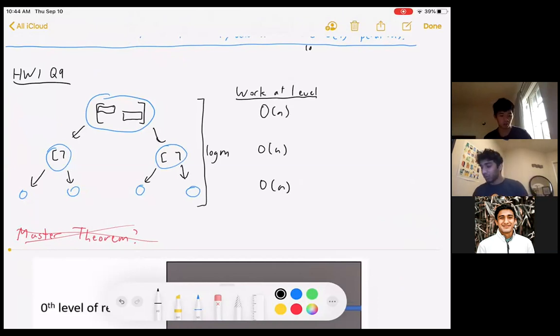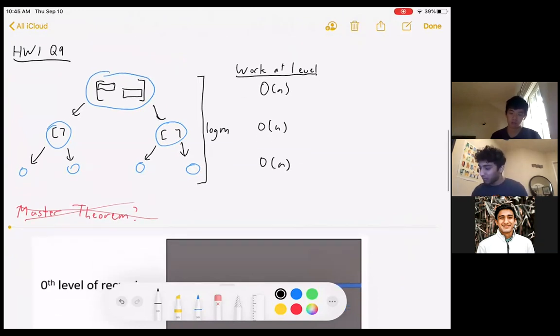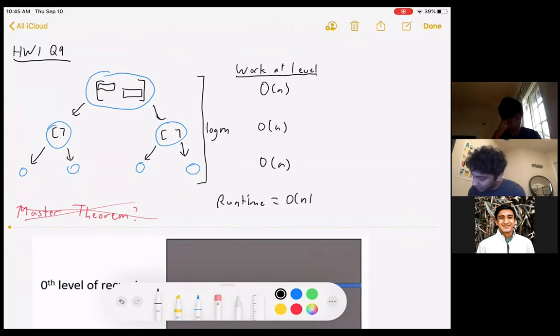So now we know that the work at each level is O of n, and we established earlier that because we're splitting the number of rows in half, the depth of the tree is log of m. So now we've figured out both halves of the runtime. We can multiply these together, and we get that our runtime is equal to O of n log m.